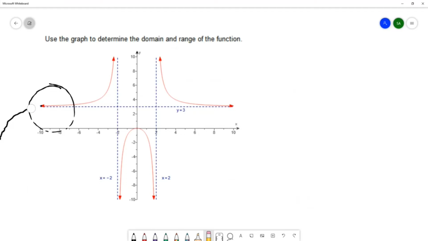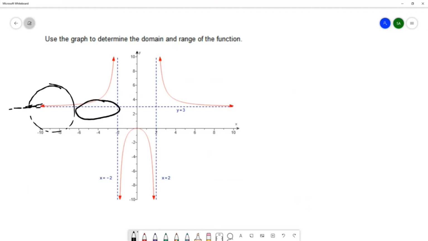However, this dashed line that we see means that it stops at that line. It's never going to pass that line. So it does keep getting closer and closer to that dashed line. It keeps going down to the left, but it never crosses that dashed line.